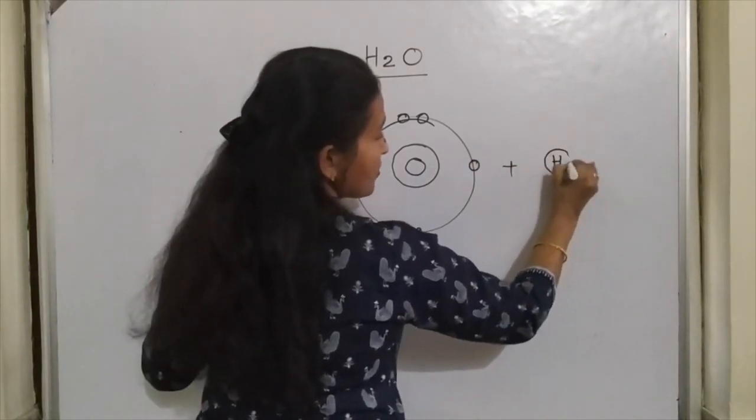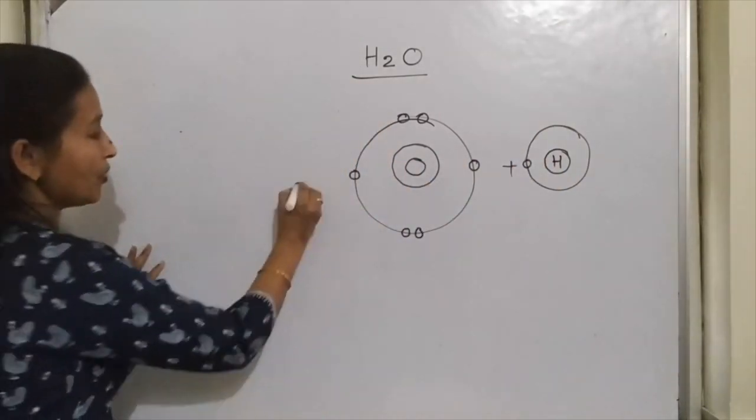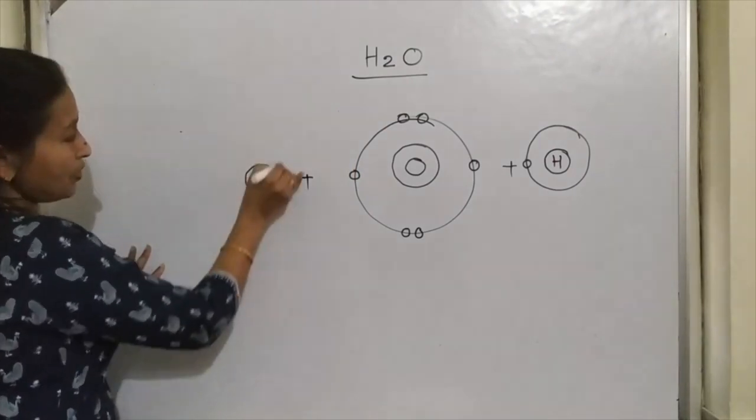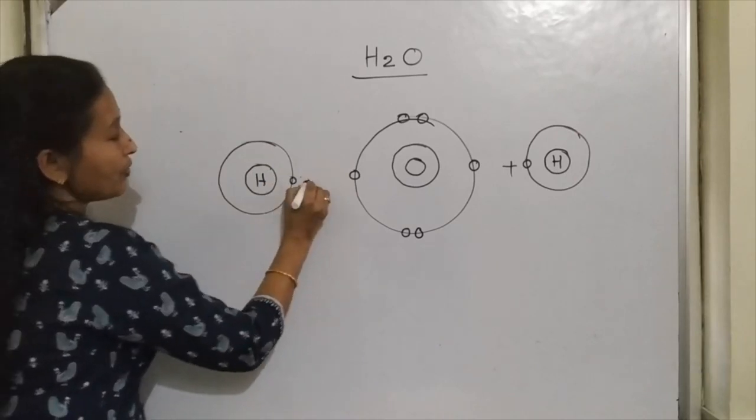This is the hydrogen symbol, with its one electron in the shell. We keep another hydrogen atom here also.